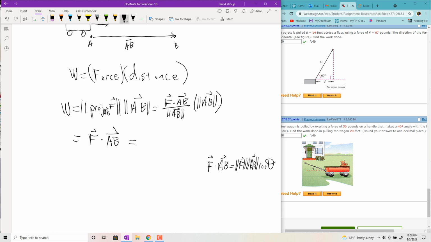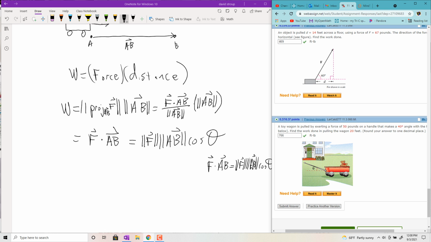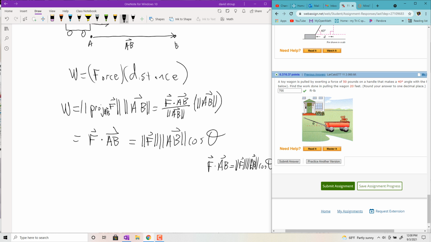So we could rewrite F dot AB as the magnitude of F times the magnitude of AB times cosine theta. You could use that form if you want, which is probably what they're doing in the question with the toy wagon.